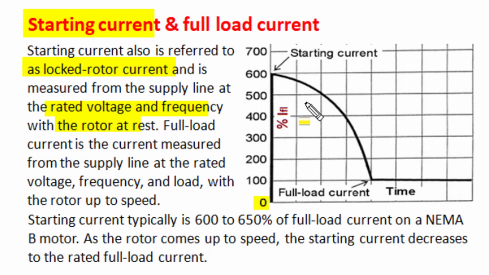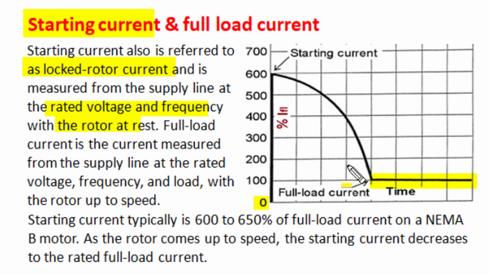As the motor accelerates by starting torque and attains speed, this starting current sharply decreases, and when the motor attains full load conditions at rated voltage and rated frequency supply with the required amount of load on the motor rotor, the current decreases to a steady full load current condition.